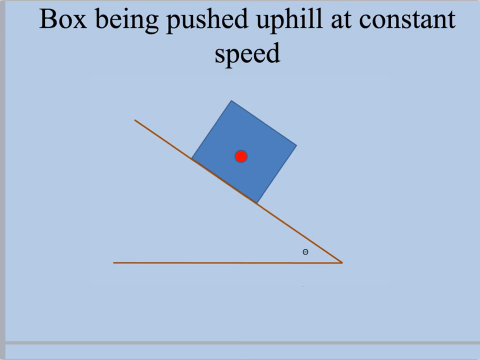Box being pushed uphill at constant speed. All right, so let's take our traditional FW vector and point it straight down. It's always a good place to start. We know the normal force is going to be pointing perpendicular to the surface of the incline, so we'll draw our normal force vector.